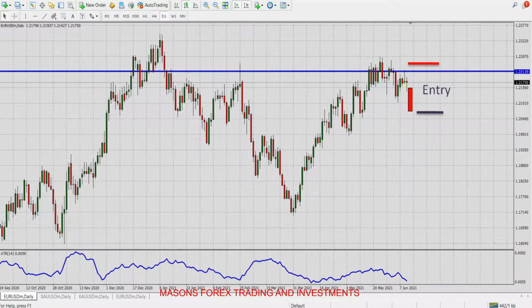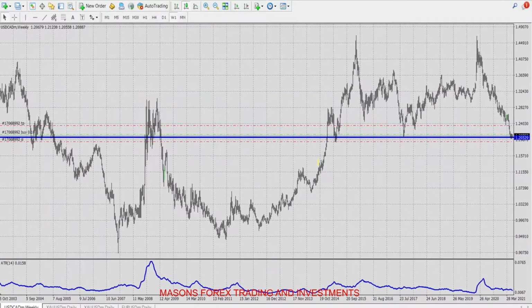From the high of this candle, I'll have a stop loss just at that area. That'll be my stop loss, based again on 1 ATR. And then I'll look for my take profit approximately at the level defined.